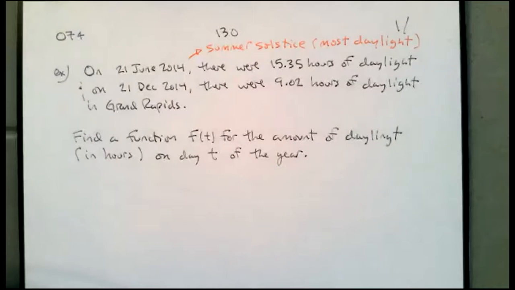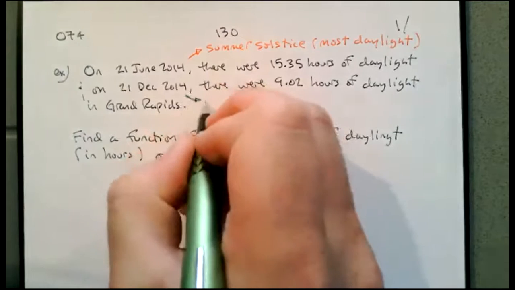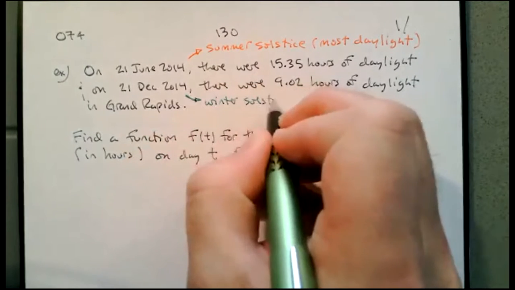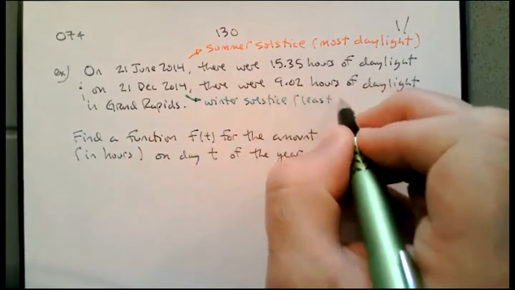And then December 21st is going to be our winter solstice, and so that will be our least daylight. That's the significance of the two pieces of information that you've been given.